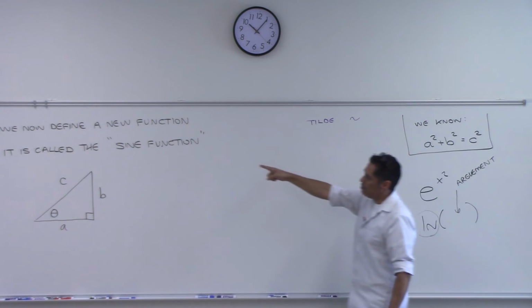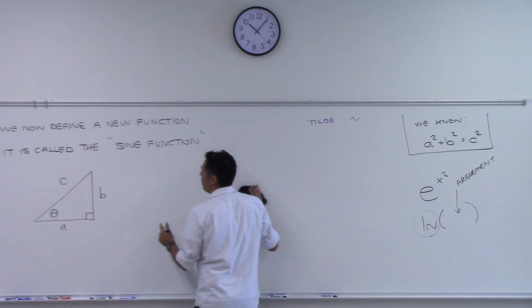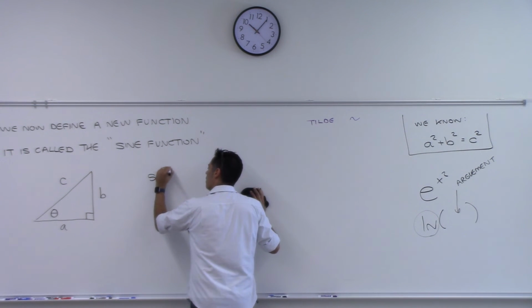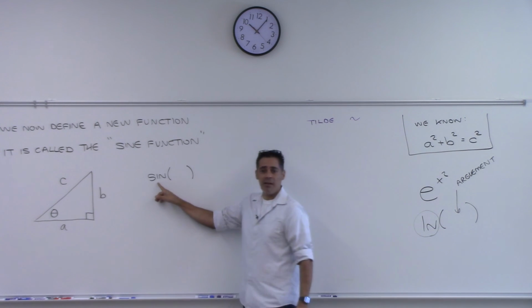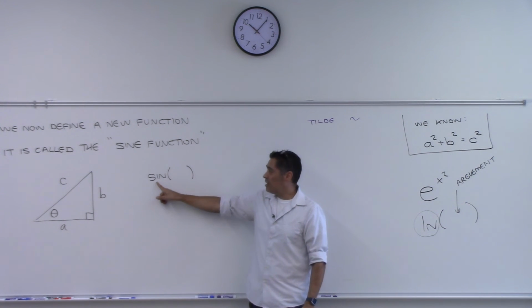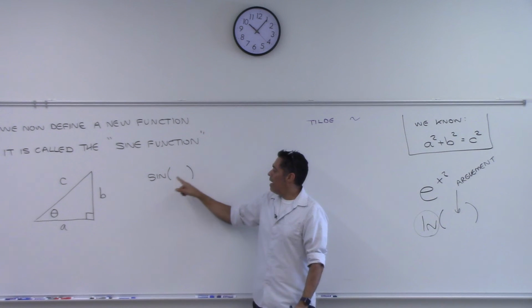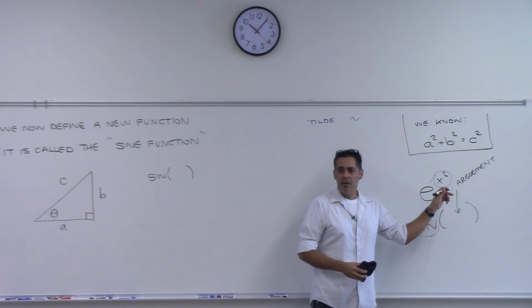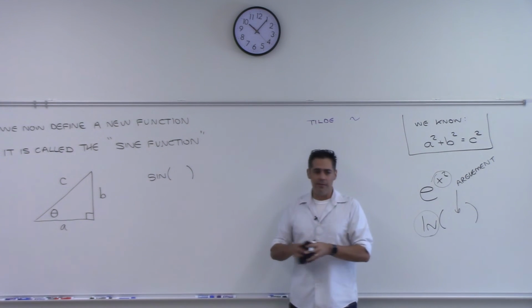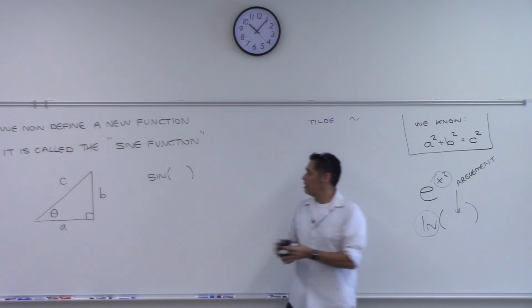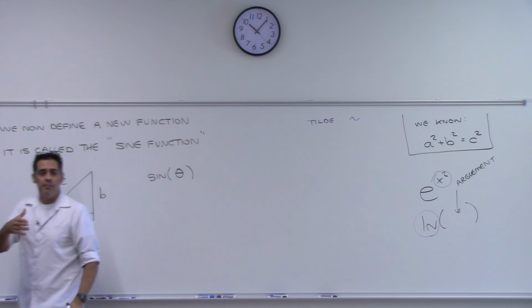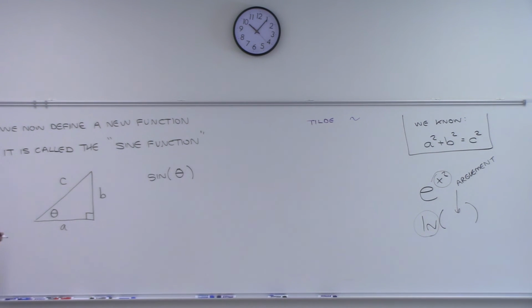I'm defining this new function, sine of theta. And the way I'm going to write it is this. I'm going to write sin, parentheses. That's letting you know I'm talking about a particular function called sine. And then the input over here, we normally use x in college algebra, right? But because this is a function that involves triangles and angles, my input variable is going to be theta. Now it could be x. It could. But just because we're talking about angles, I'm going to say theta.